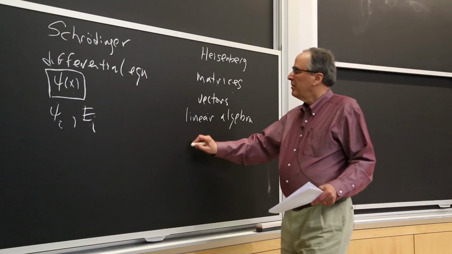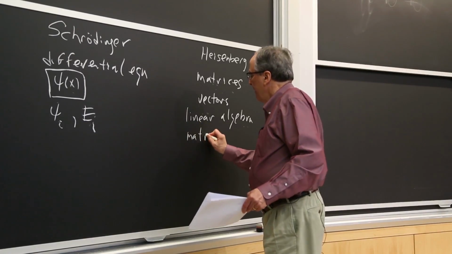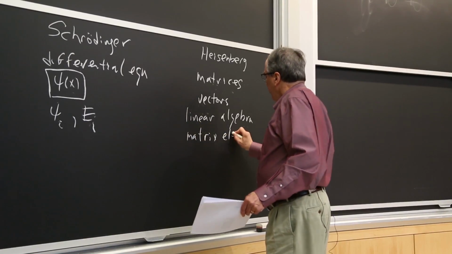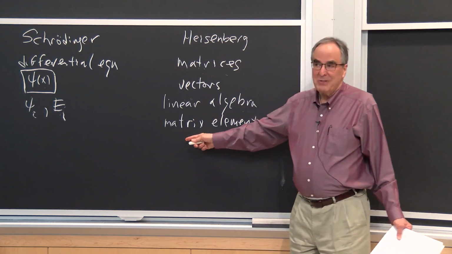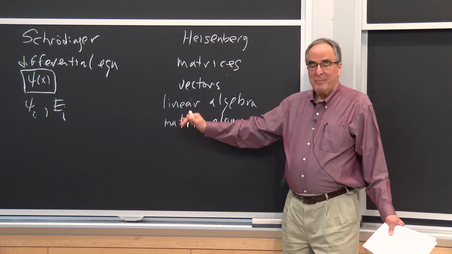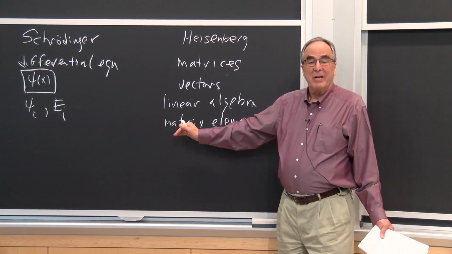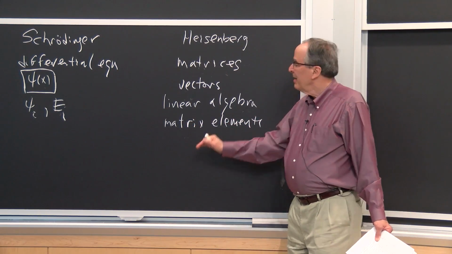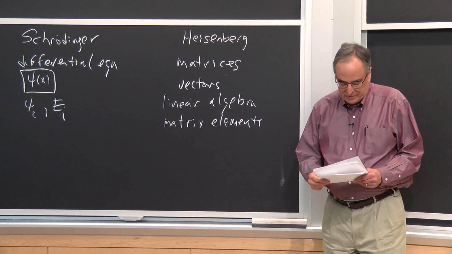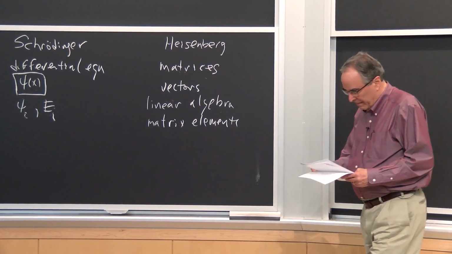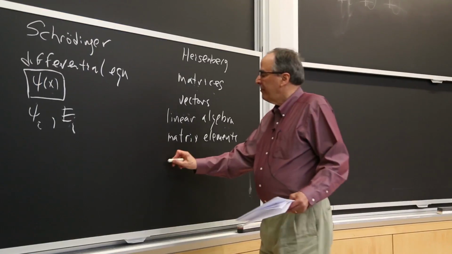And we have these things called matrix elements. I can use this word now because the numbers in a matrix are called matrix elements. They're integrals, but they're integrals that are more or less given to you. And then we have infinite matrices.